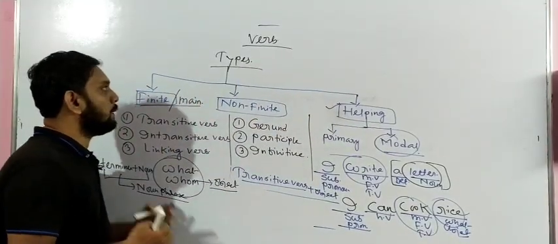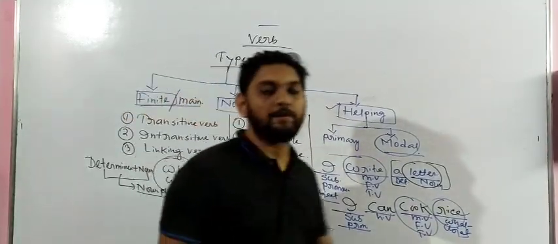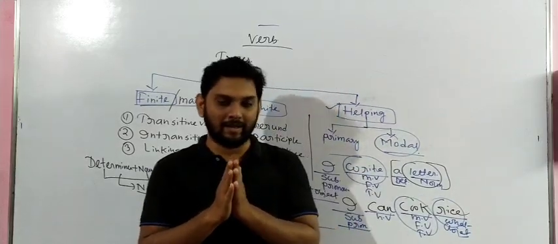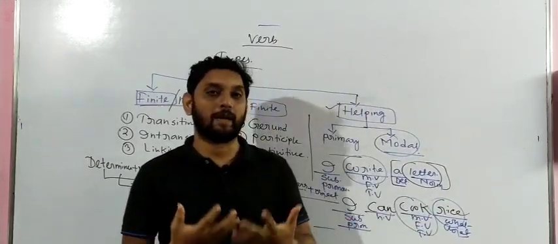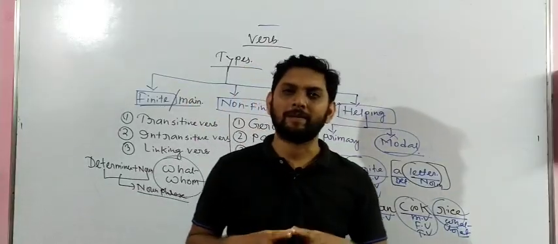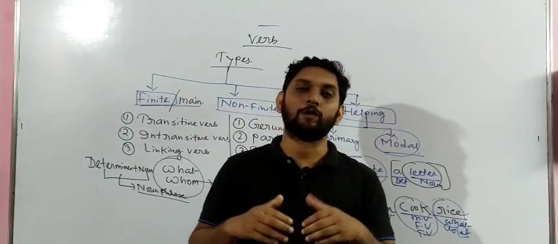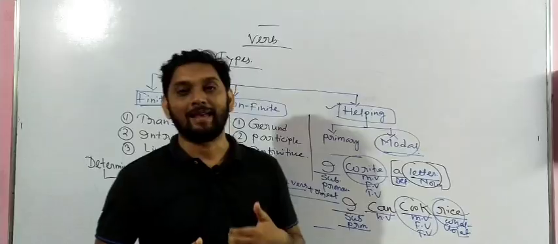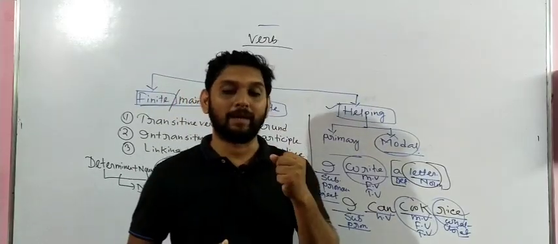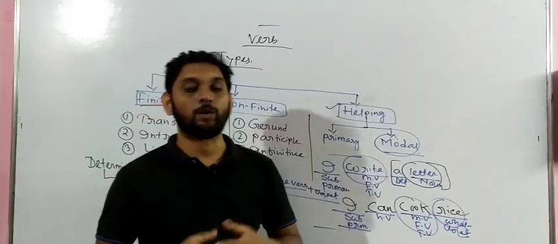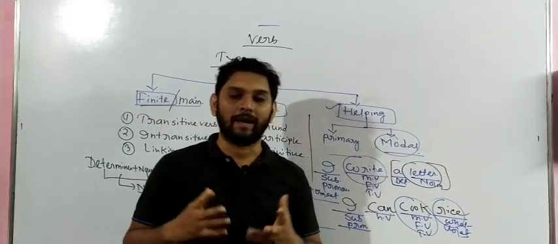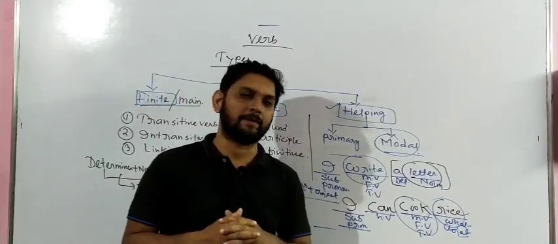As I said before, unless you define the verb properly, you cannot tell what the main verb is, what the non-finite verb is, and what the helping verb is. A non-finite verb is a part of a verb, but it cannot act as a verb in a sentence. It always acts as a noun, adjective or adverb.